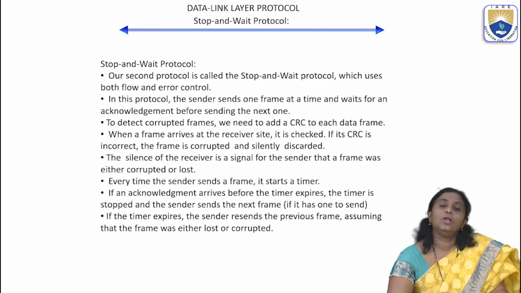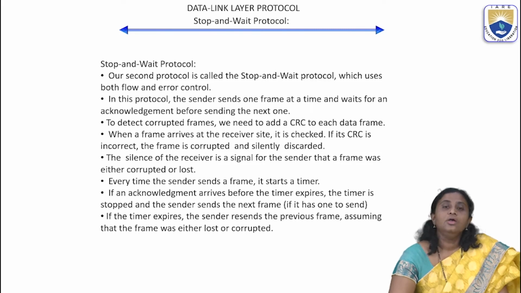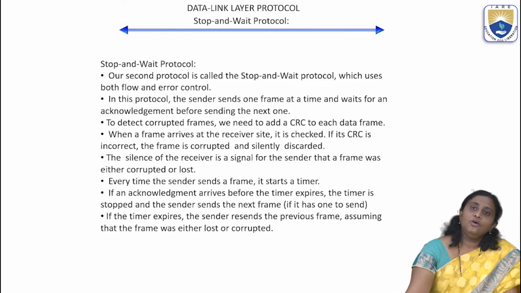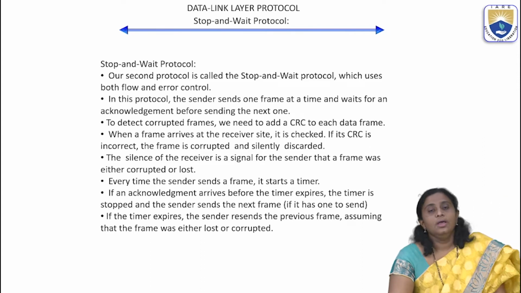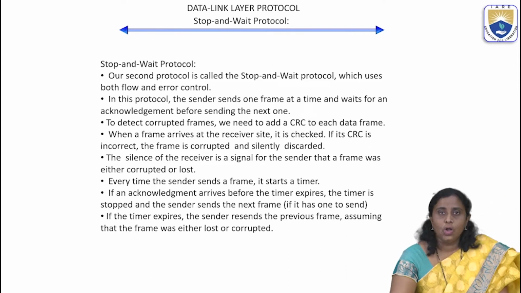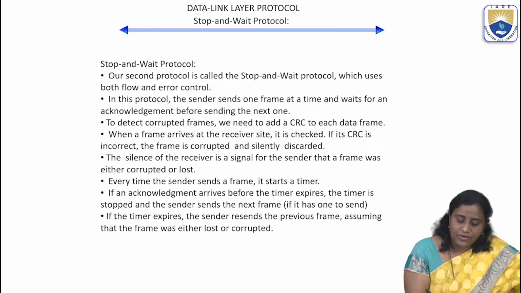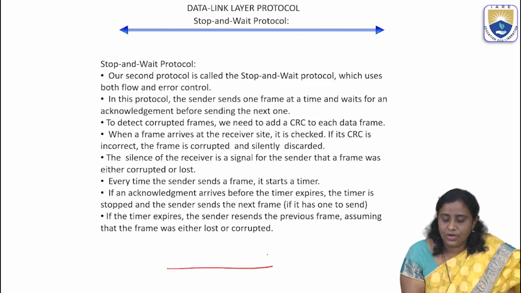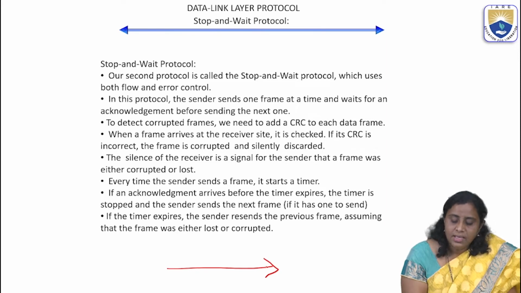Our second protocol is called the stop and wait protocol, which is also one of the error detecting protocols, and is used for both flow and error control. In this type of protocol, the sender sends one frame at a time and waits for an acknowledgement before sending the next one.